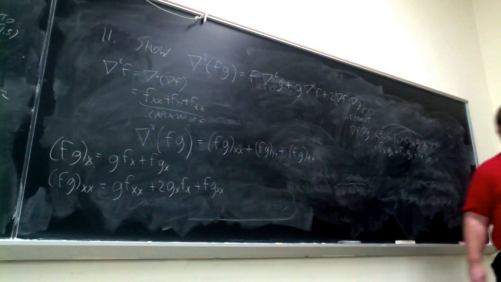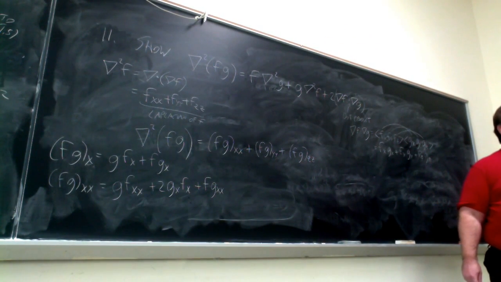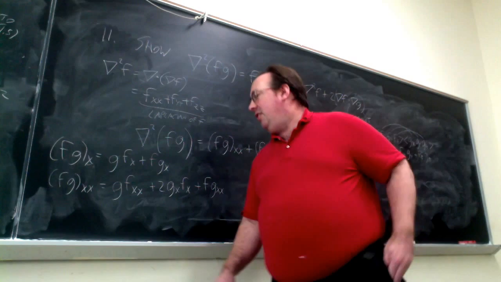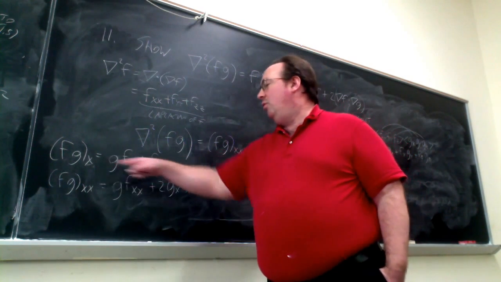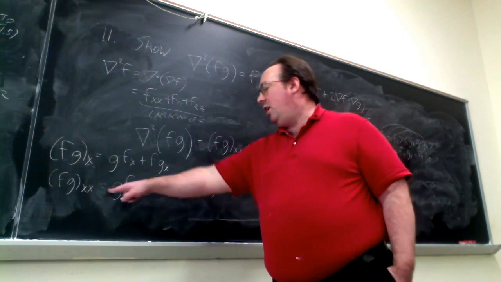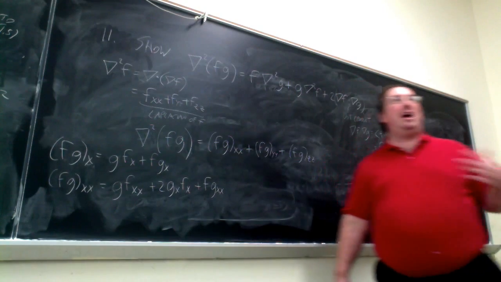It's kind of like when you're expanding 1 plus x to a given power, because here the coefficients are 1, 1. The coefficients for this one are 1, 2, 1. That's a pattern from Pascal's triangle.